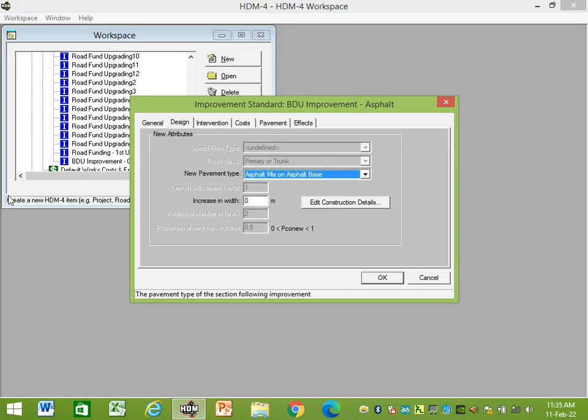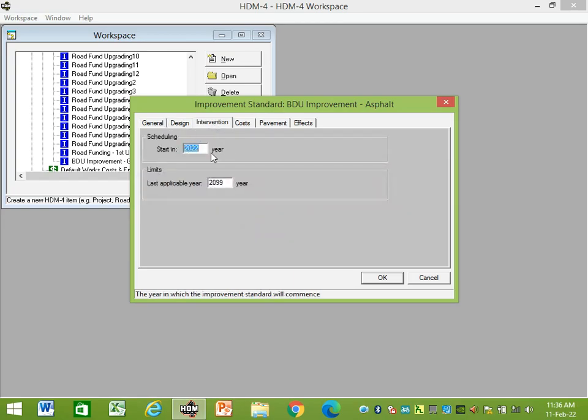We don't increase the width. So asphalt mix on asphalt base. Design. Primary or trunk. Ready. So there are two things you can change: new pavement type and then increase in width. If you don't do anything, you can leave it as it is or change it.